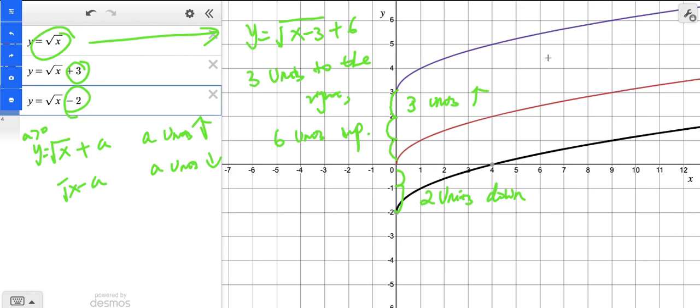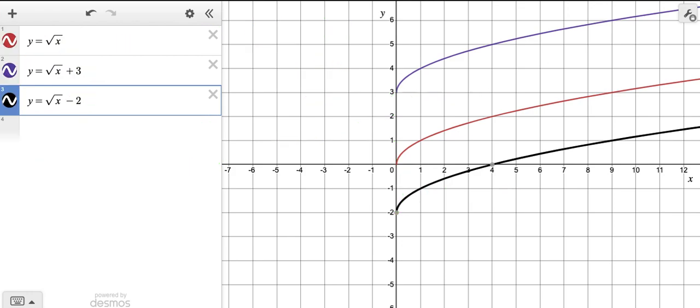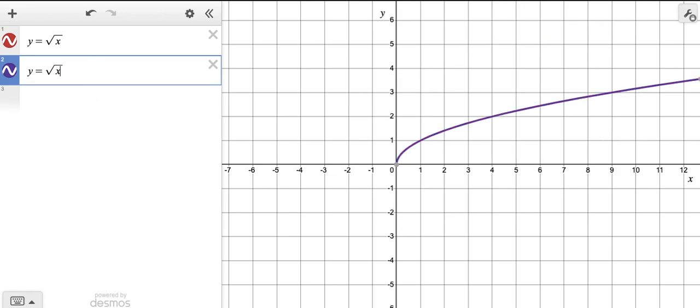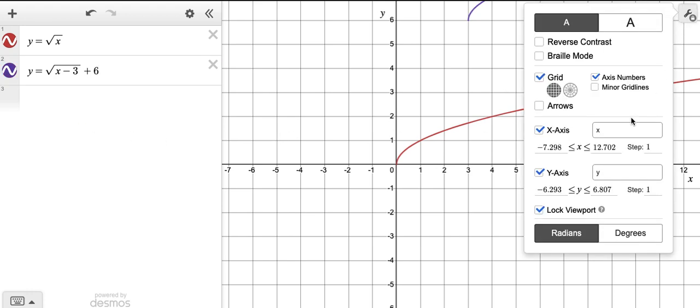And then we can quickly check if that's correct. I'm going to delete this one, and then we change this to minus 3 and plus 6. As you can see here, this is moving up, so where's the graph?